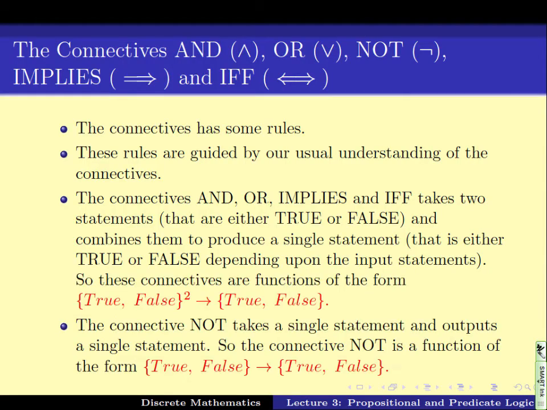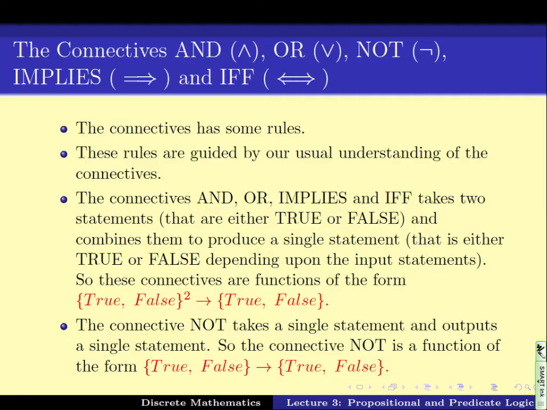In other words, these connectives are a function from {true, false} squared to {true, false}. The connective not takes a single statement and produces a new statement. So not is a function from the set {true, false} to {true, false}.